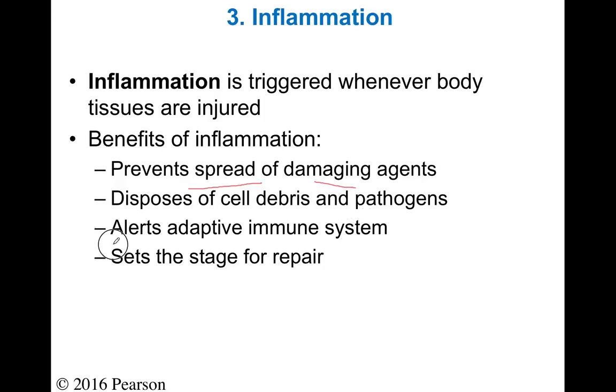You are triggering a mechanism that activates adaptive immunity and makes it ready to fight off infection. And again, it sets the stage for the repair of the damage, either caused by the way the pathogen entered or the damage caused directly by the pathogen itself.